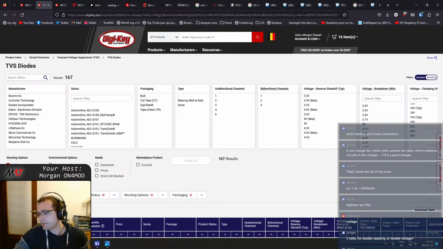Yeah, most holders don't have connectors. It's just bare wires. And then we would need to decide if we want to crimp something, or if we just want to solder that to the board. Or maybe we could even have... I don't know how you call that in English.